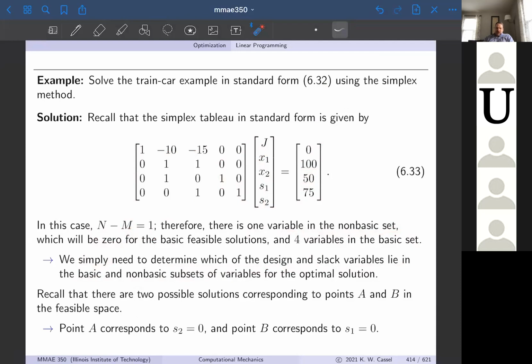All right, now in this case, there were 2 possible scenarios, A and B. So our basic feasible set involves 2 points, A and B. Point A corresponded to S2 equal to 0, and point B corresponded to S1 equal to 0.